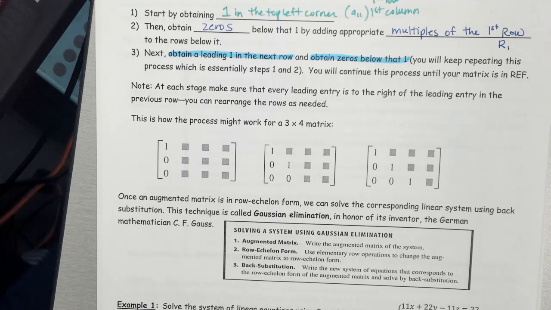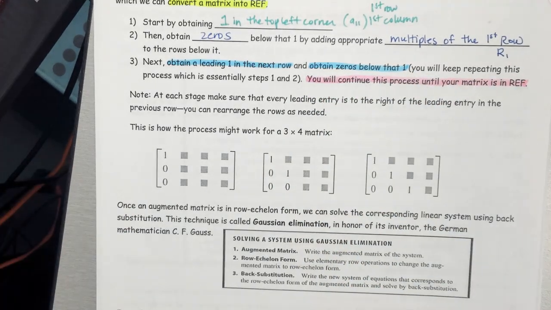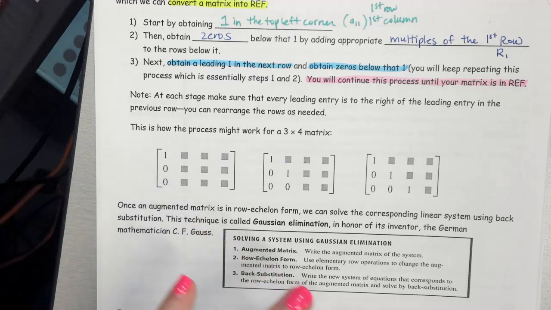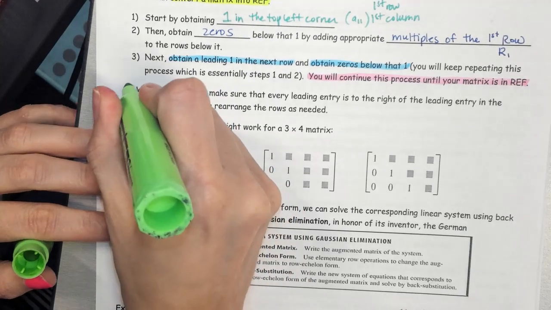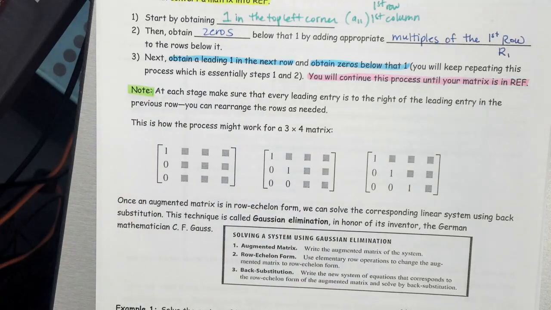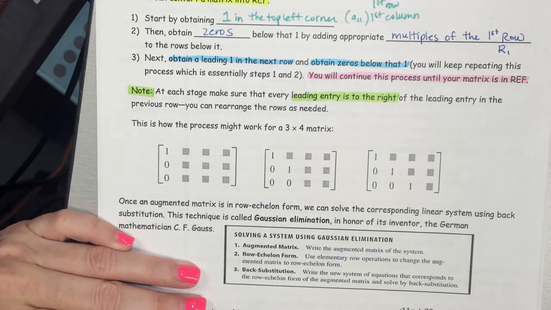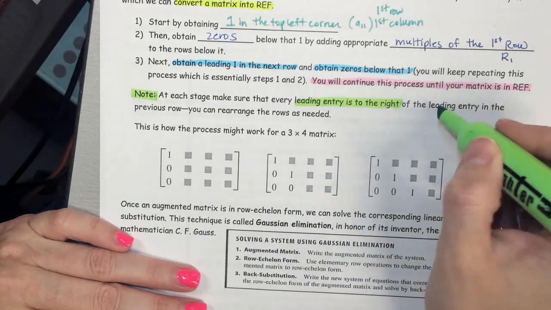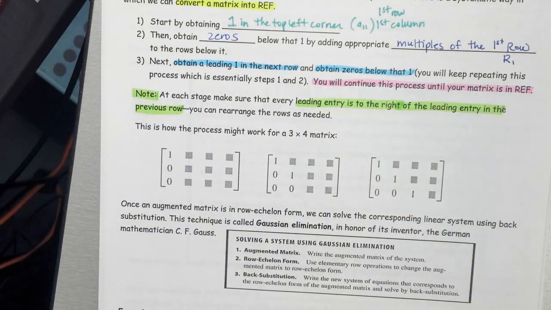Okay? All right, so you're going to continue this process until your matrix is in row echelon form. Okay? When you're doing this, just make sure that at each stage, every leading entry is to the right of the leading entry in the previous row. Okay, and then if you need to rearrange the rows, you can.